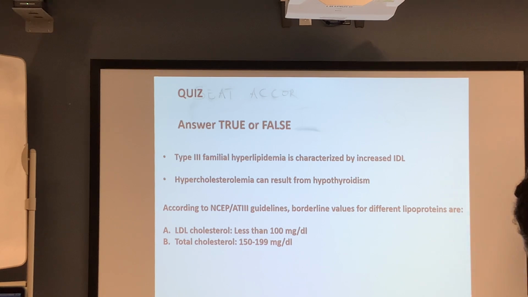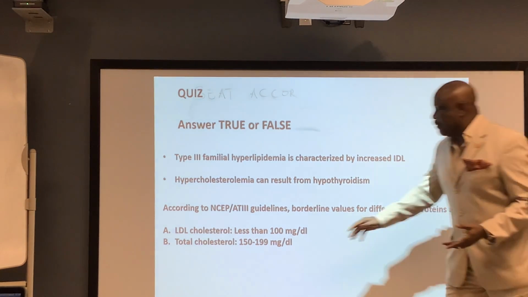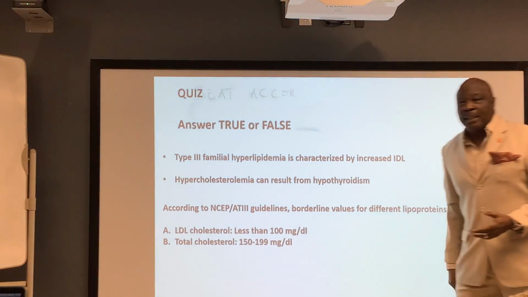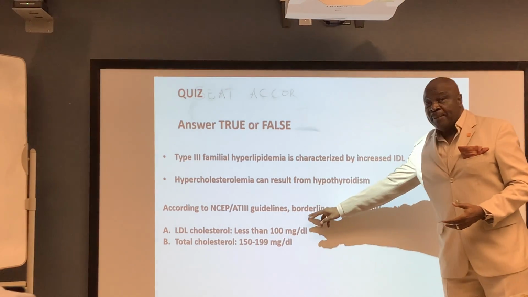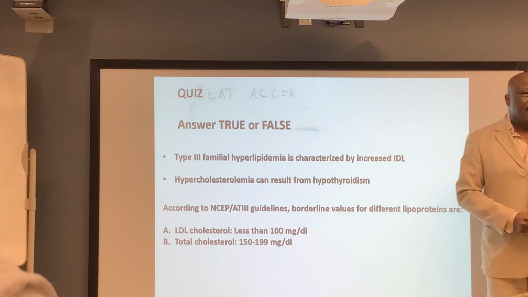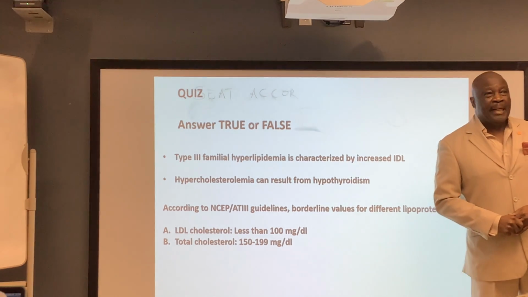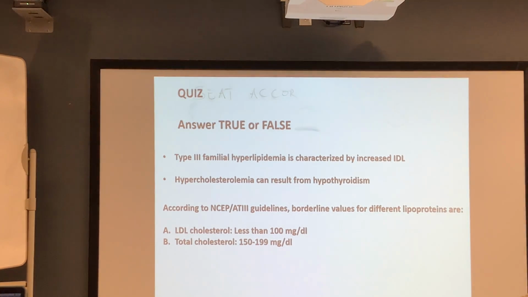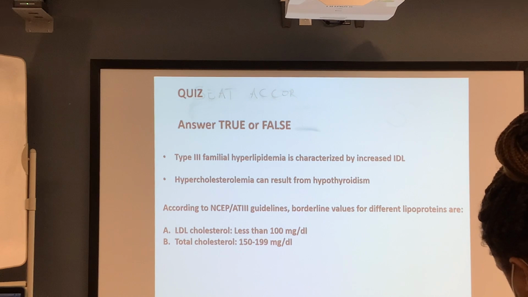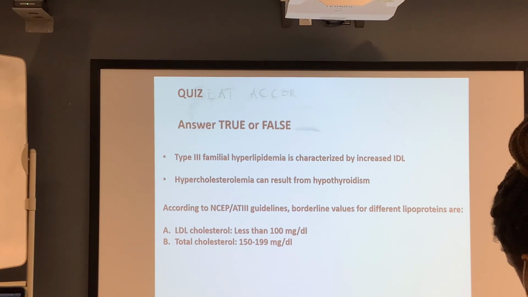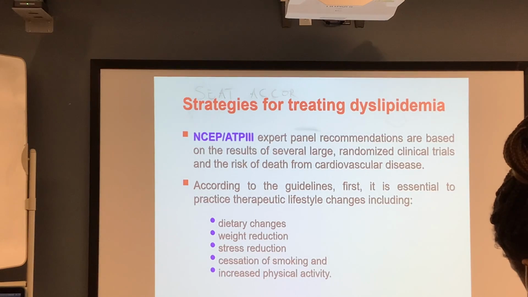What should be the value of total cholesterol? Less than 200. So if you have 150 to 199, would that then be borderline? That's not borderline. That is normal. That is still normal. Is everybody with me? Okay, all right. Thank you.